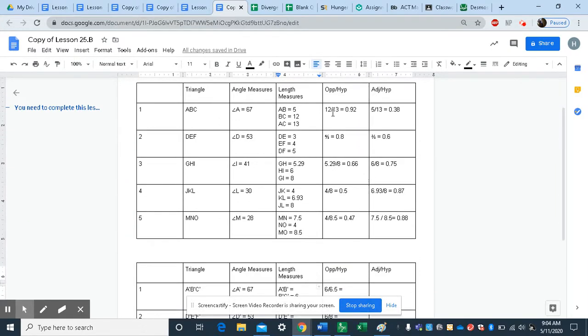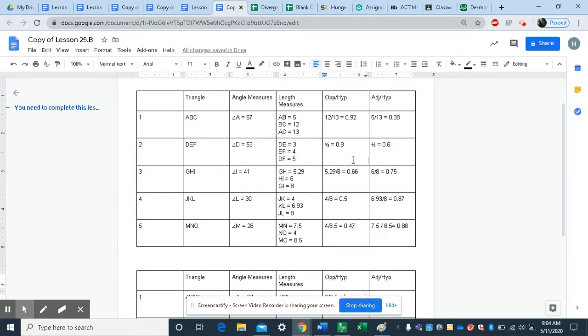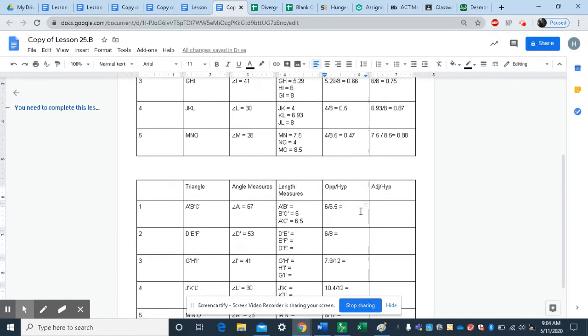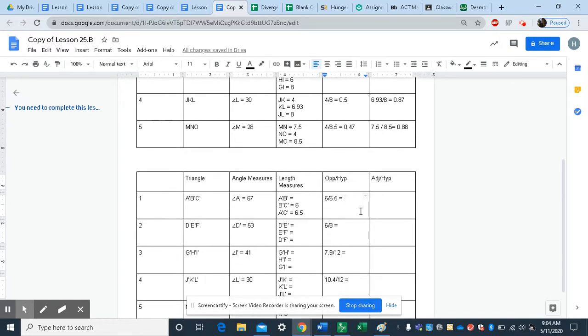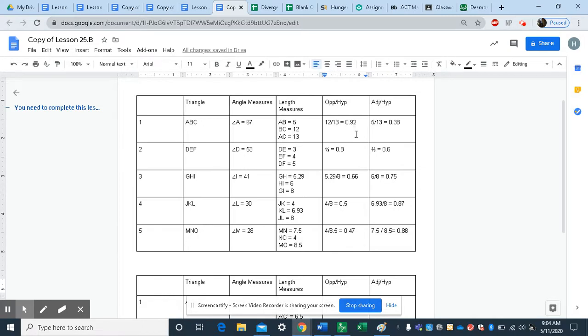So if BC was on top up here, B prime C prime is going to be on top down here. And if we type it in our calculators, we should get the exact same decimal as we did up here. When I typed 6 divided by 6.5 in my calculator, I got 0.92, which gives us the exact same proportion.